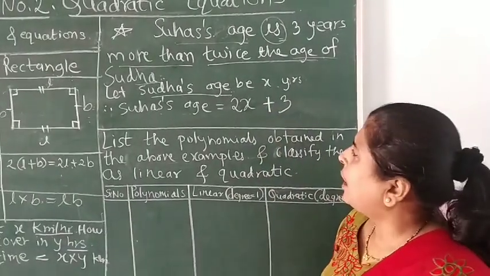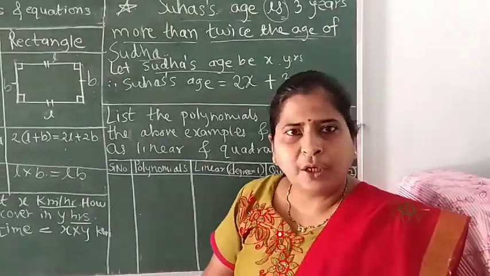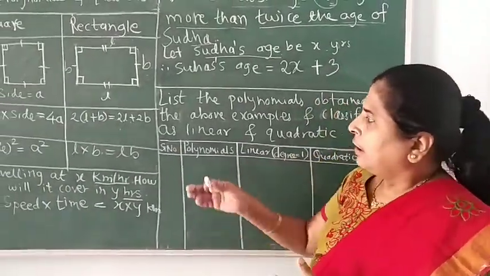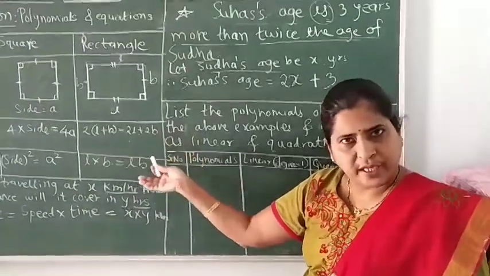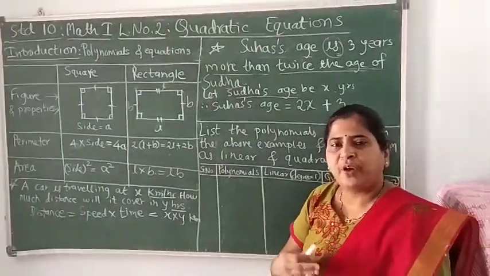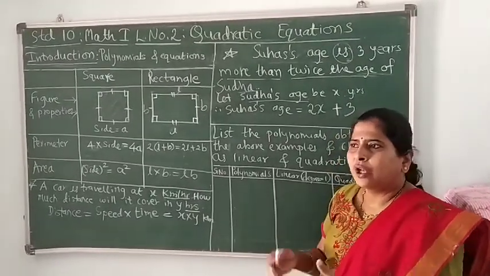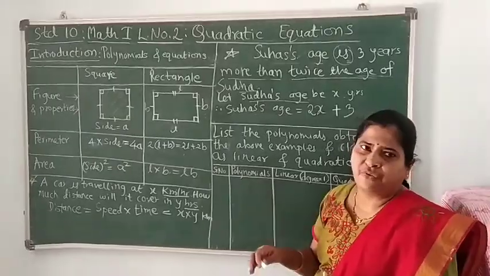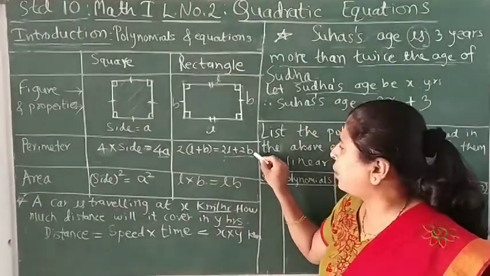Now in certain examples which we come across in our day-to-day life, we have used certain letters called variables, whose value will change or vary, hence called variables. Now we have to recall how we classify. All these algebraic expressions can be called polynomials.